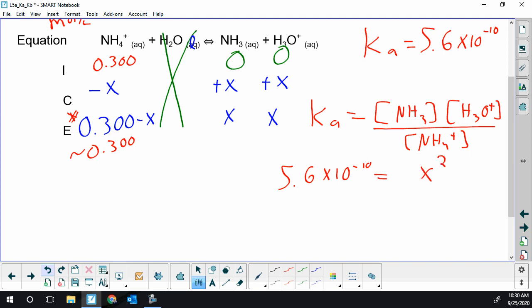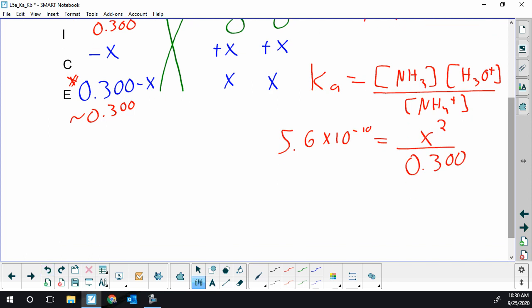So I'm just collecting my X's right away. On the bottom, we have the original concentration. Now I'm going to skip a few math steps. Cross multiply, and then you'd have to square root both sides. So I'm going to just carry those out simultaneously. 1.3 times 10 to the minus 5.